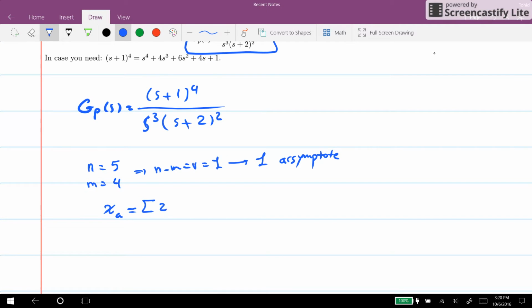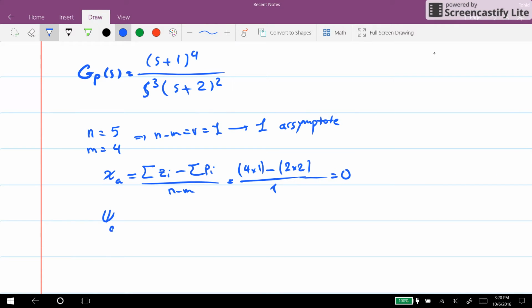Xa is equal to the sum of zi's minus the sum of pi's over n minus m, which is 1 here. For the sum of zi's, we have 4 times minus 1, minus the sum of the pi's, we have 3 times 0 plus 2 times minus 2, which will result in 0.